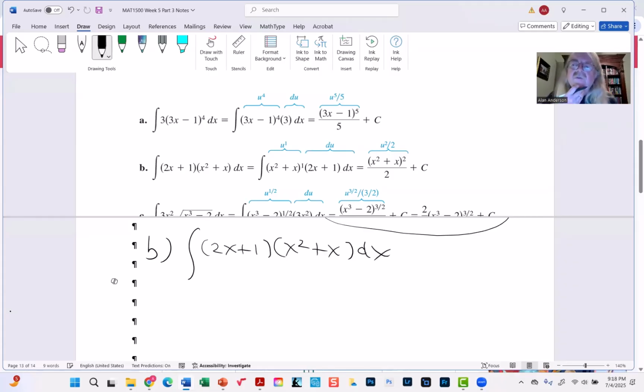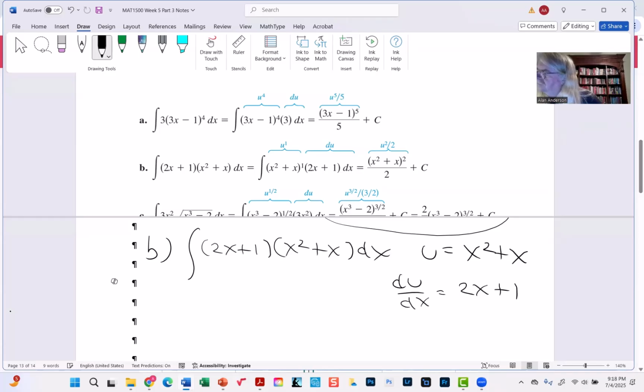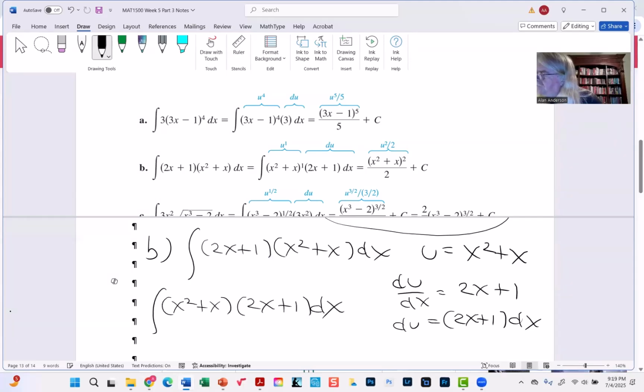So I'll tell you what, now usually the rule of thumb is that the u should be the most complicated function. So let's try u equals x squared plus x. What do you know? If you rewrite this slightly, oh, that was very easy. This is u and this is du.